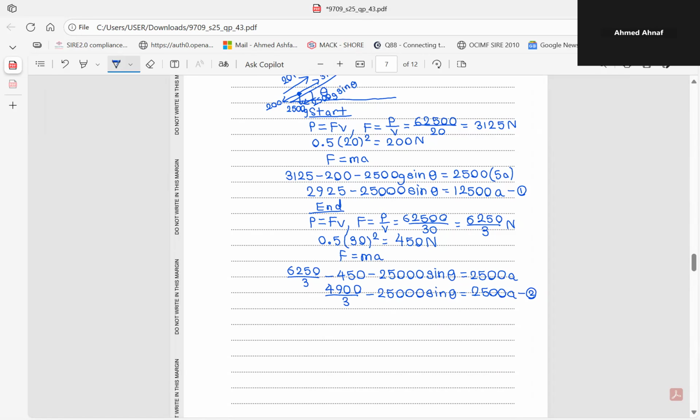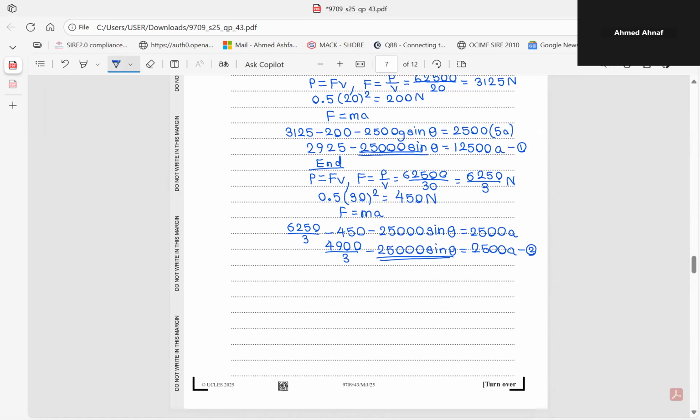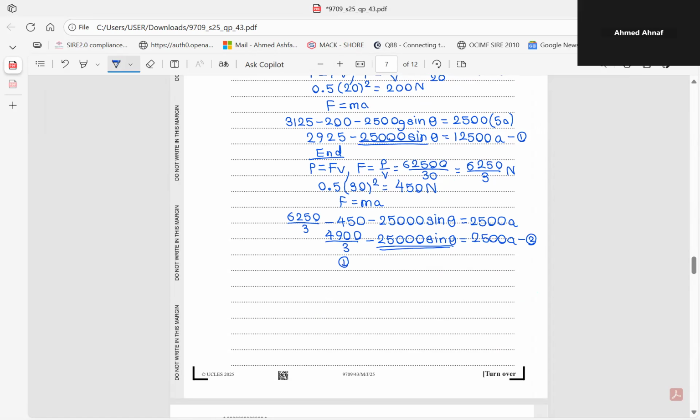Okay, so now we have to solve these equations simultaneously. So as we can see, we actually have a common term, 25,000 sine theta, and both of them are minus sign. So we're going to eliminate that by subtracting both equations.